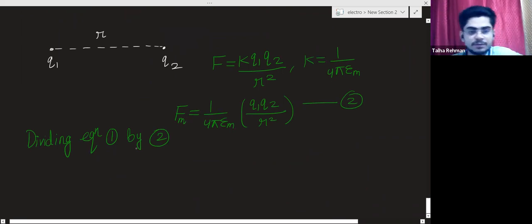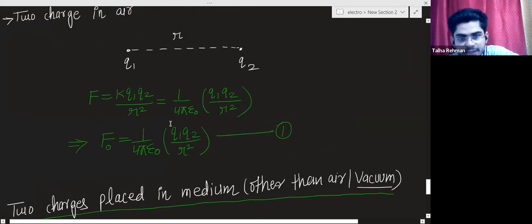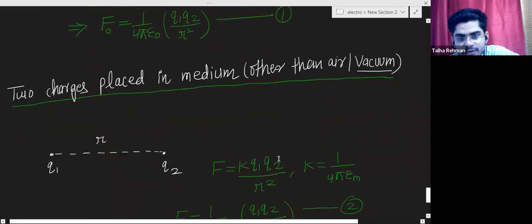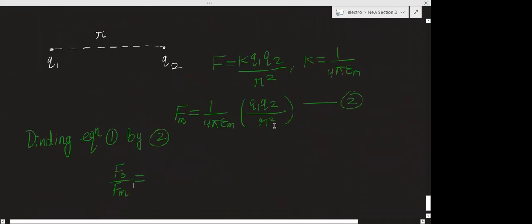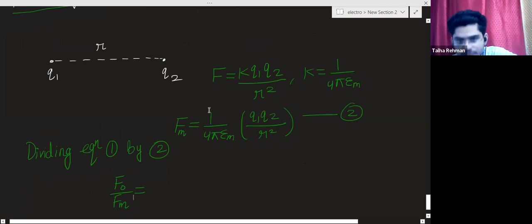Dividing equation 1 by 2 means we write F naught by Fm. When you divide, these terms are the same: Q1 Q2 by R square will cancel out, and 1 upon 4 pi will also cancel out.